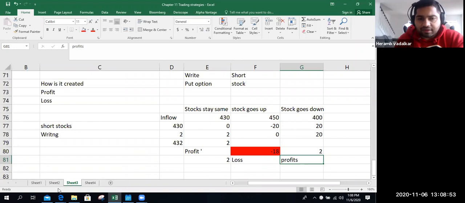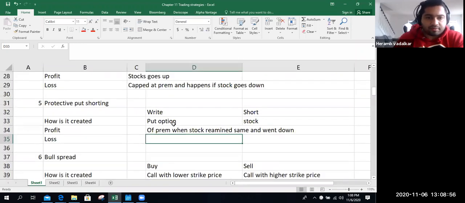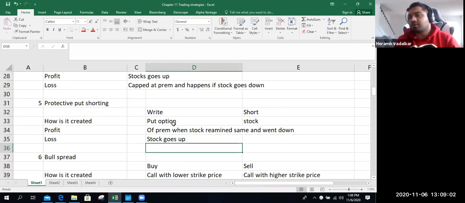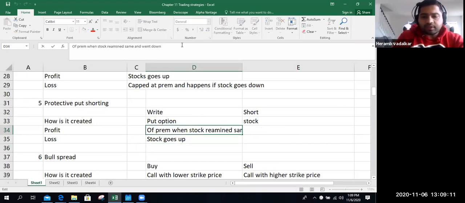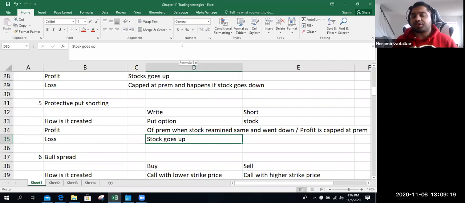Loss is made when the stock goes up. But we saw profit is capped at premium. So the maximum profit you make is the premium.